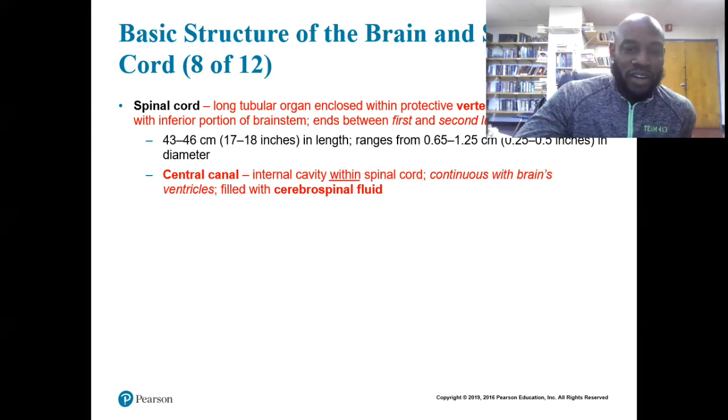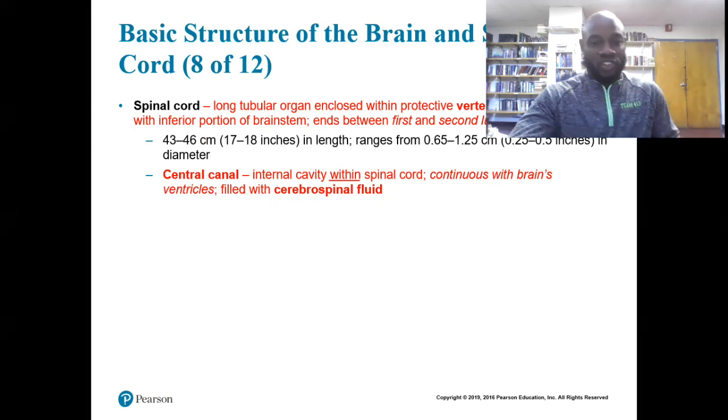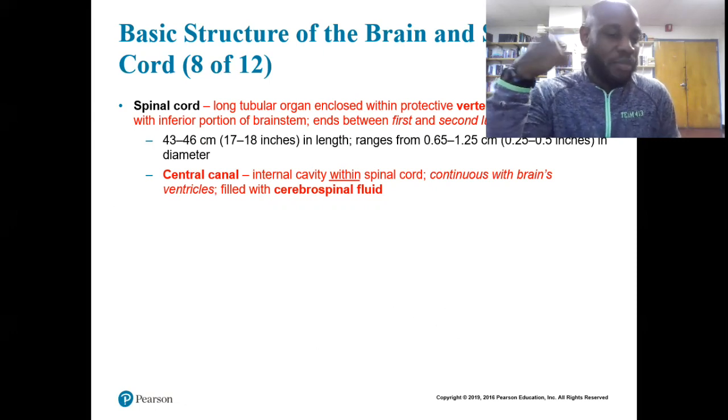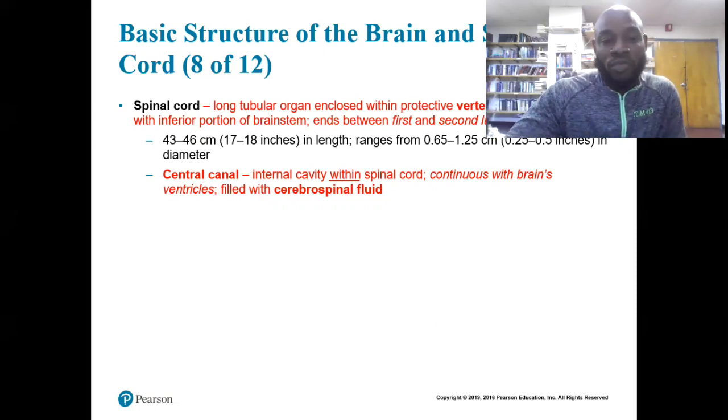It has a central canal, an internal cavity within the spinal cord, which is continuous with the brain's ventricles and is filled with cerebrospinal fluid. So cerebrospinal fluid is not only in the ventricles in the brain, but also in your spinal cord. And we'll talk about the characteristics of that and its ability to add protection to your brain and spinal cord.